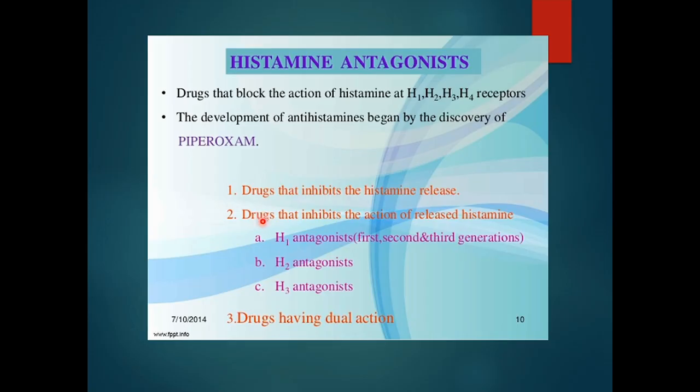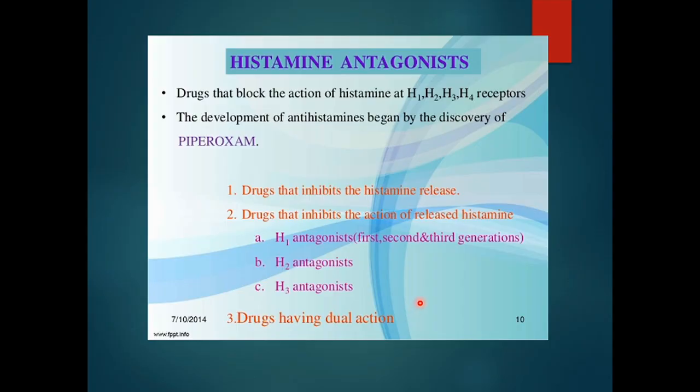Second type is drugs that inhibit the action of released histamine. Under this category there are three types: H1 antagonists, examples first, second and third generations, H2 antagonists and H3 antagonists. And the third type is drugs having dual action.